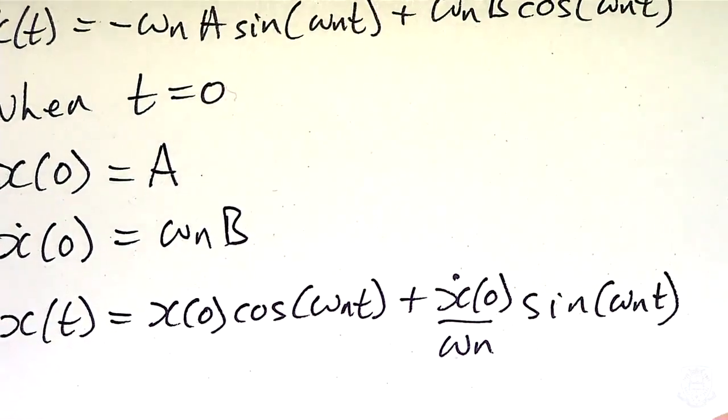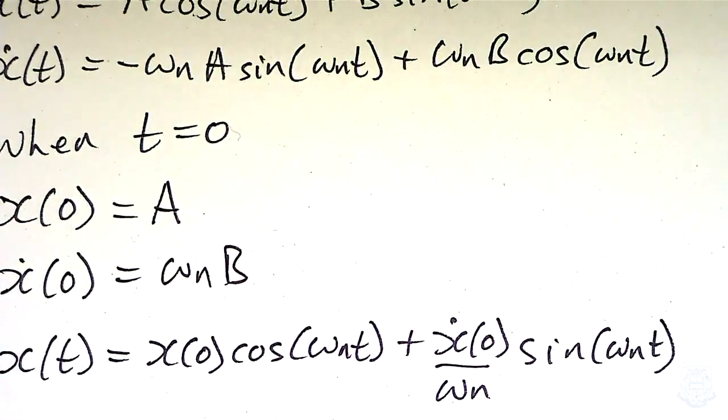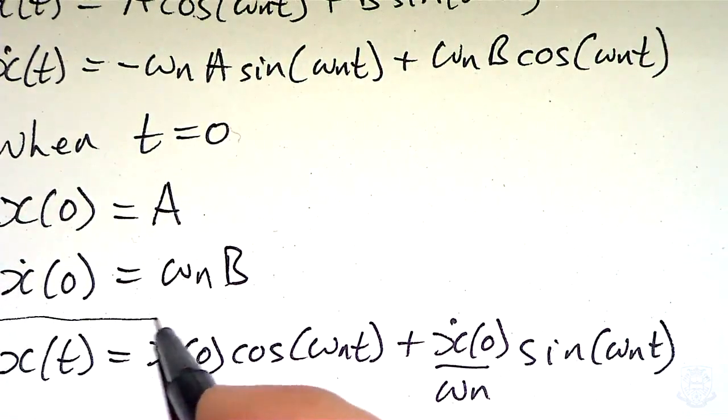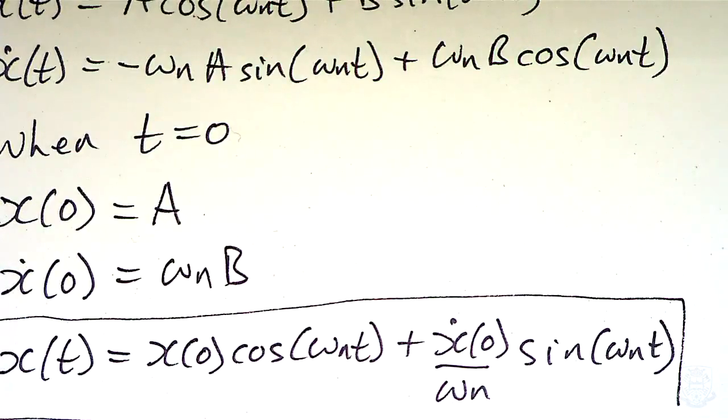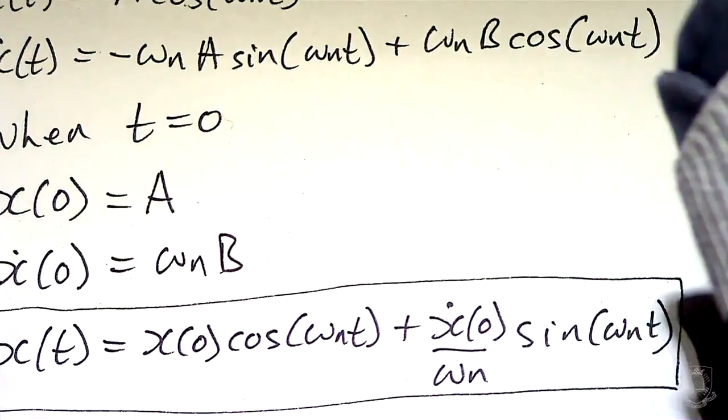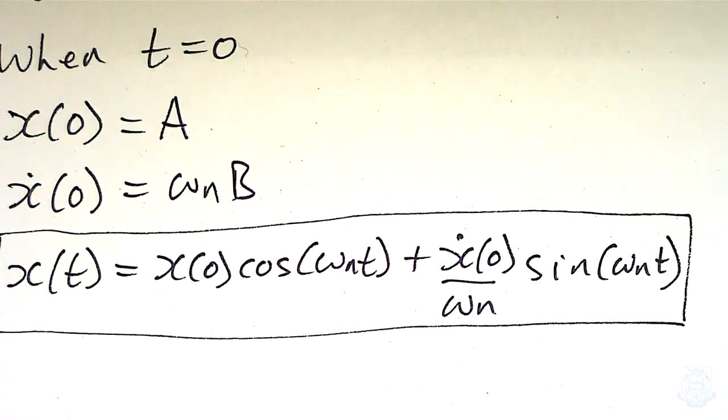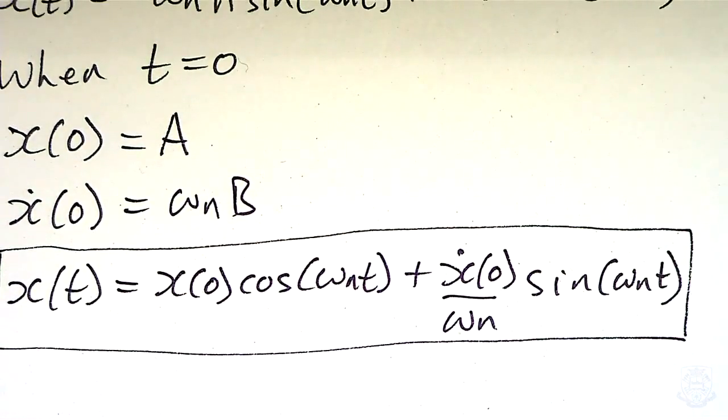So that expression defines how the system moves, what types of oscillation we have. And you can see that it needs the initial conditions: the x of 0 is the initial displacement, and the x dot of 0 is the initial velocity. I've incorporated the j into the constant b, so when I redefine my constants, I've put it in there.